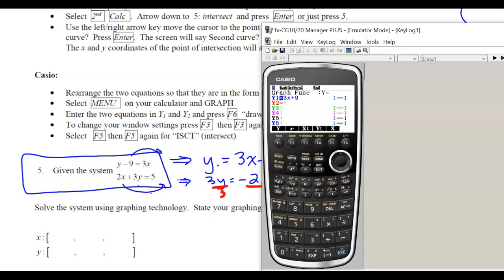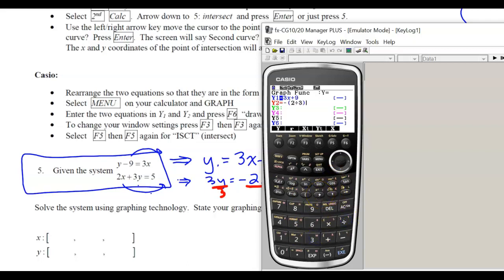With the Casio, for a fraction, you actually need to put brackets. Okay? And it will convert it to a fraction. It'll look like dividing first. So 2 divided by 3. Oh, I forgot the bracket. Sorry, just a sec. Let me go back. Delete, delete, delete. Okay, so bracket 2 divide 3, close bracket.